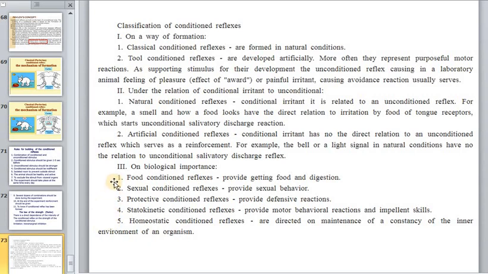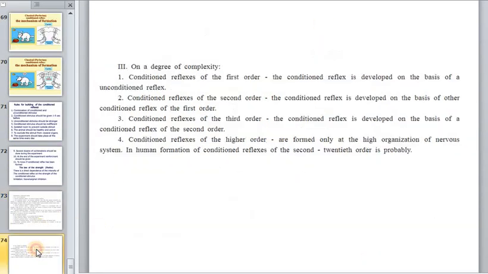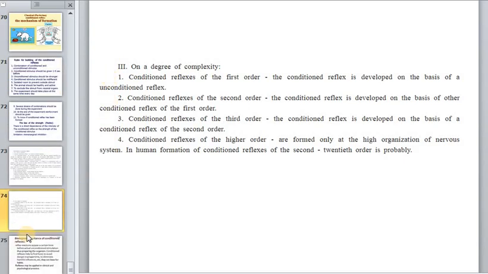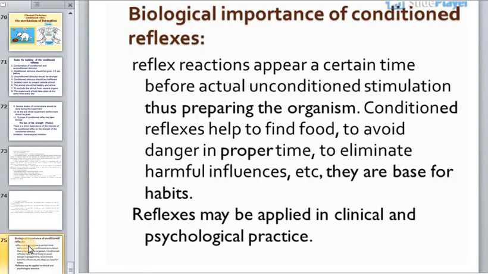We will talk about all these reflexes after we study memory. Memory is the base for this formation, so we'll return to this slide in the future. And here we see, on the degree of complexity, one more kind of reflexes, and one more biological importance of conditional reflexes.